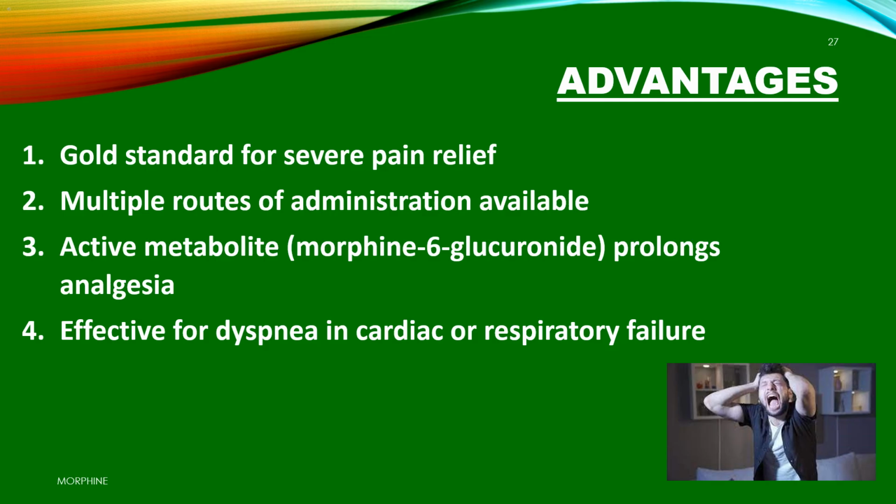Active metabolite. Morphine 6-glucuronide, an active metabolite of morphine, prolongs analgesia by contributing to the medication's pain-relieving effects. 4. Effective for dyspnea. Morphine is effective in relieving dyspnea, shortness of breath, in patients with cardiac or respiratory failure, improving their comfort and quality of life.